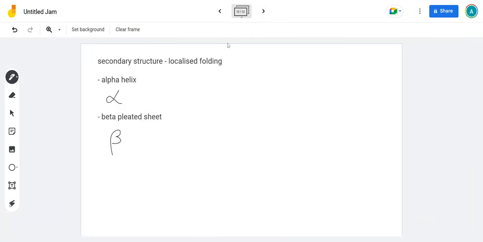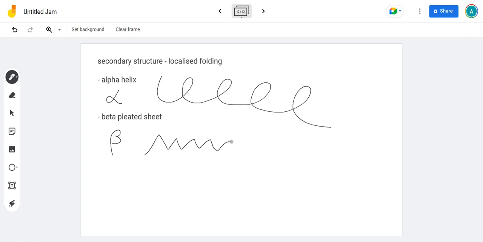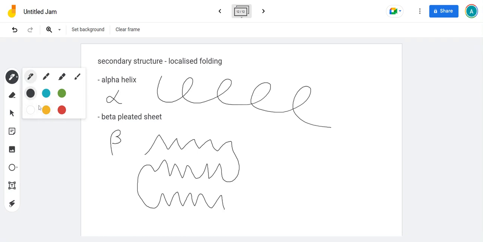And the reality is that the molecule's really long. So we've got bits that are forming this sort of spiral, alpha helix. We've got some bits that are forming this zigzag, and then it goes around the corner, zigzag back, around the corner, zigzag back. But in the context of looking at the whole molecule, we've actually got some parts of each.